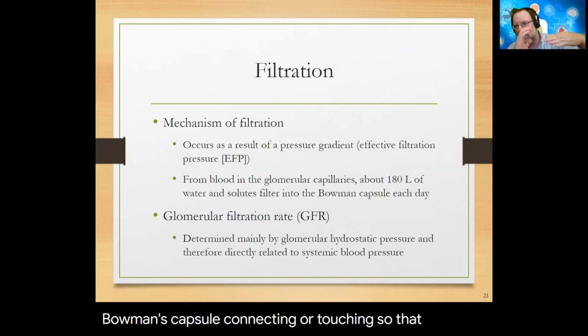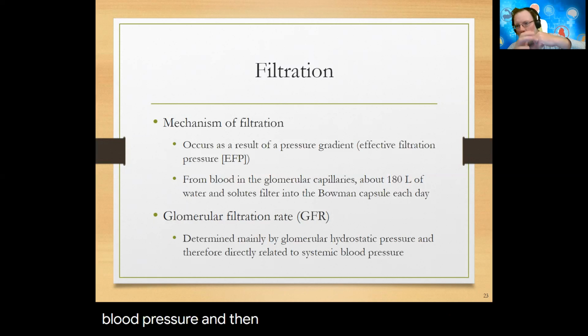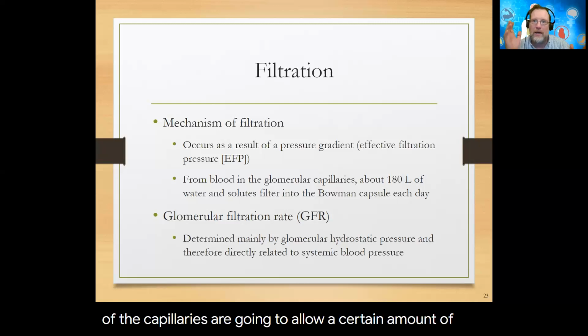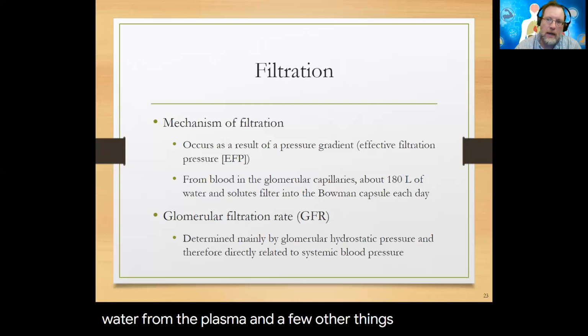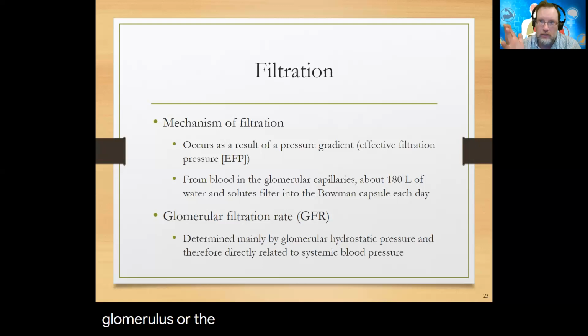So that blood pressure, and then all these little pores in the wall of the capillaries are going to allow a certain amount of fluid. So hydrostatic pressure is going to force primarily fluid, water from the plasma and a few other things out of the glomerulus or the bloodstream and into the capsular space.